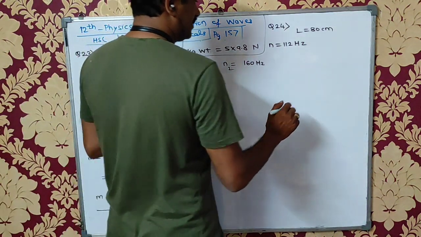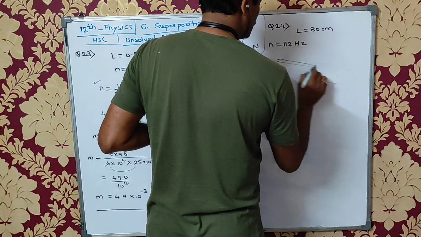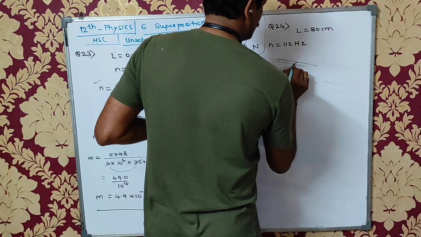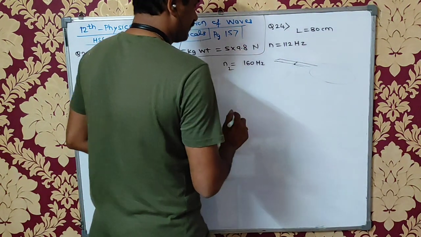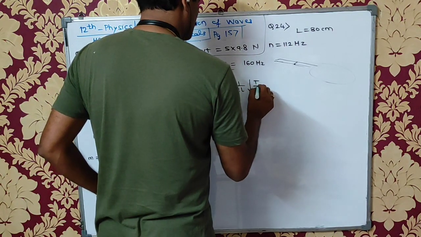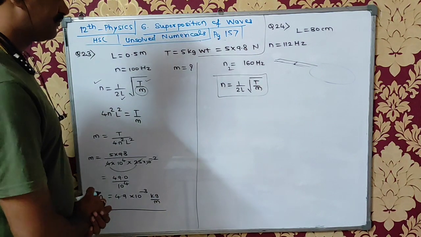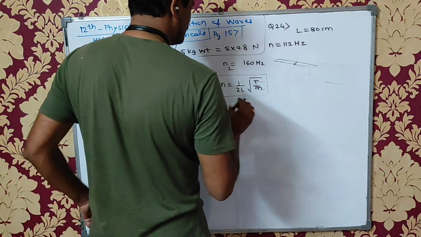गिटार में आपको पता होगा कि अगर this is the guitar, तो उसके जो strings होते हैं तो उसमें वो length change कर सकता है ना. So I'll use the formula N is equal to 1 upon 2L square root of T upon M. तो बाकी सब तो सेम ही रहेगा, मतलब टेंशन और M सेम ही रहेगा.